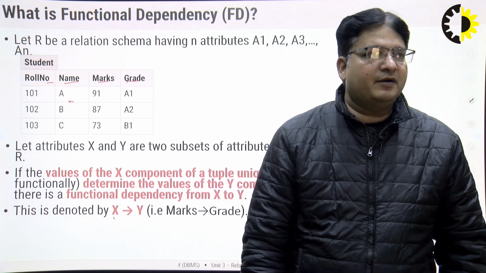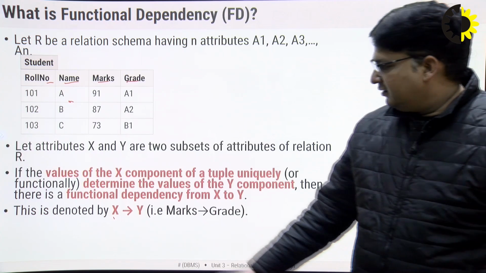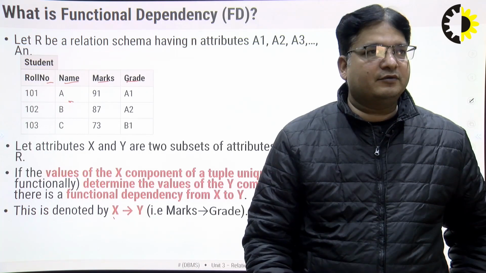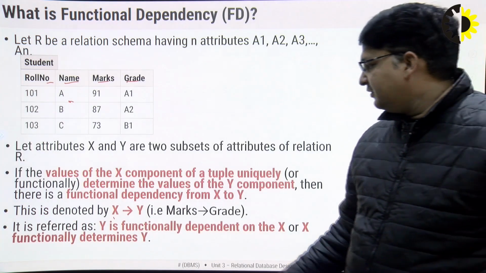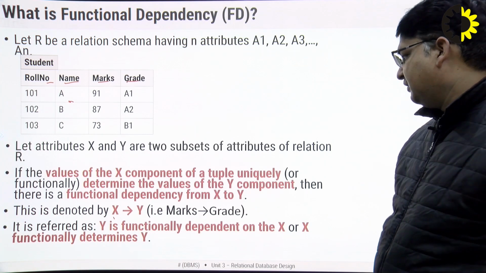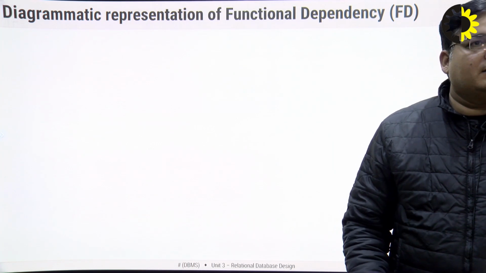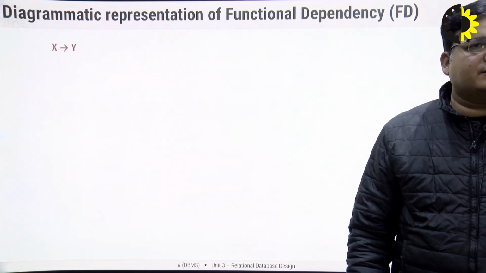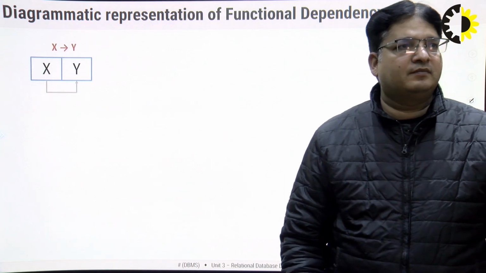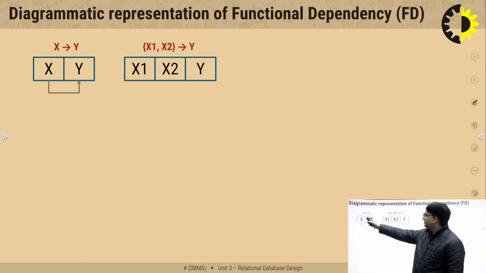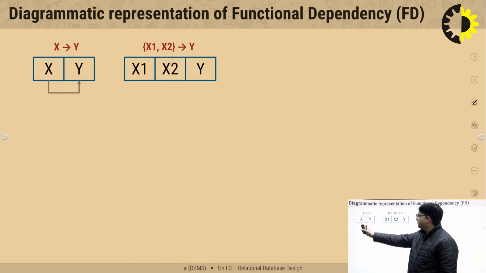One thing more, this x can be a single attribute or it can be a combination of attributes. We can also say y is functionally dependent on x, or x functionally determines y. Now, let us see the diagrammatic representation of functional dependency. If there is a single attribute, then this is the diagrammatic representation which says that x is determining y.